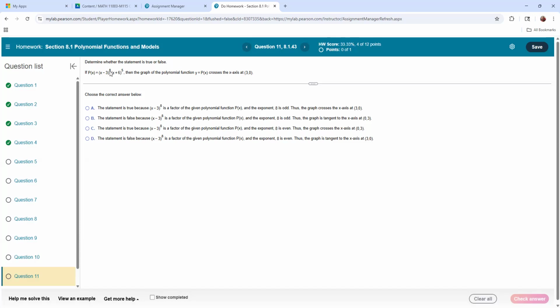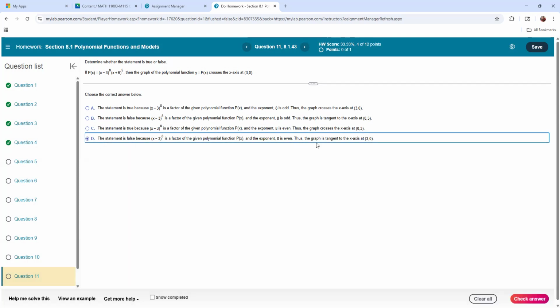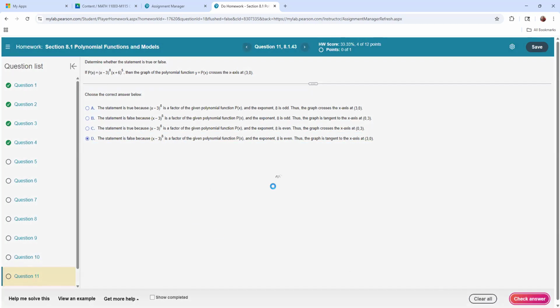That's got an even exponent of 8. So it's definitely false. So you have to go to the one that has the right answer. See, B says it's false, but it says the exponent 8 is odd. Well, that ain't happening. We want the one down here that's D that says it's false because the exponent is even, okay? And since it's even, it actually is tangent. So you would check that answer.